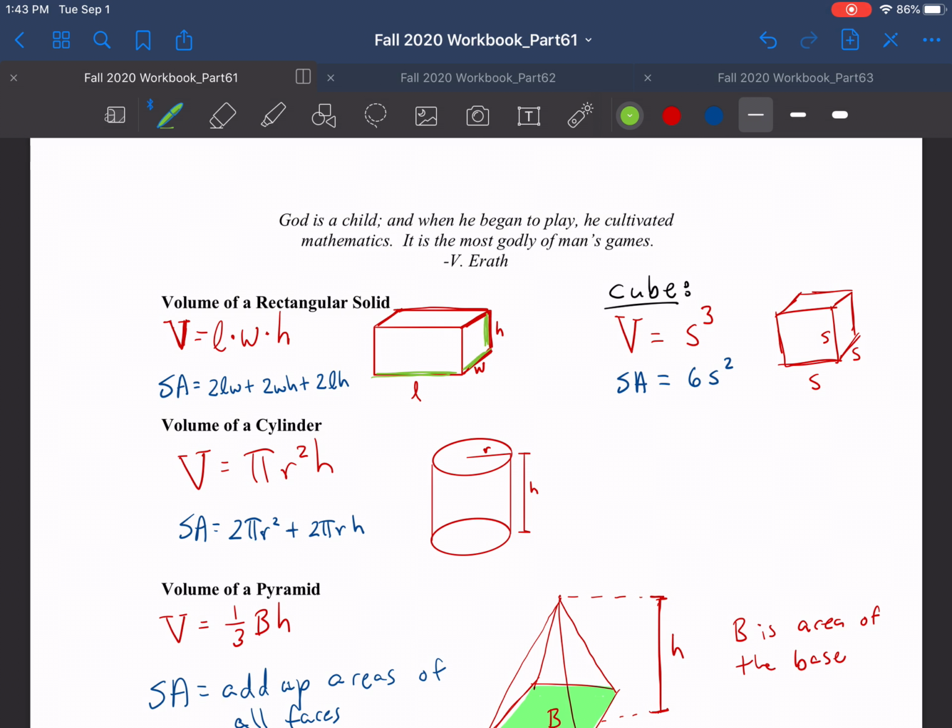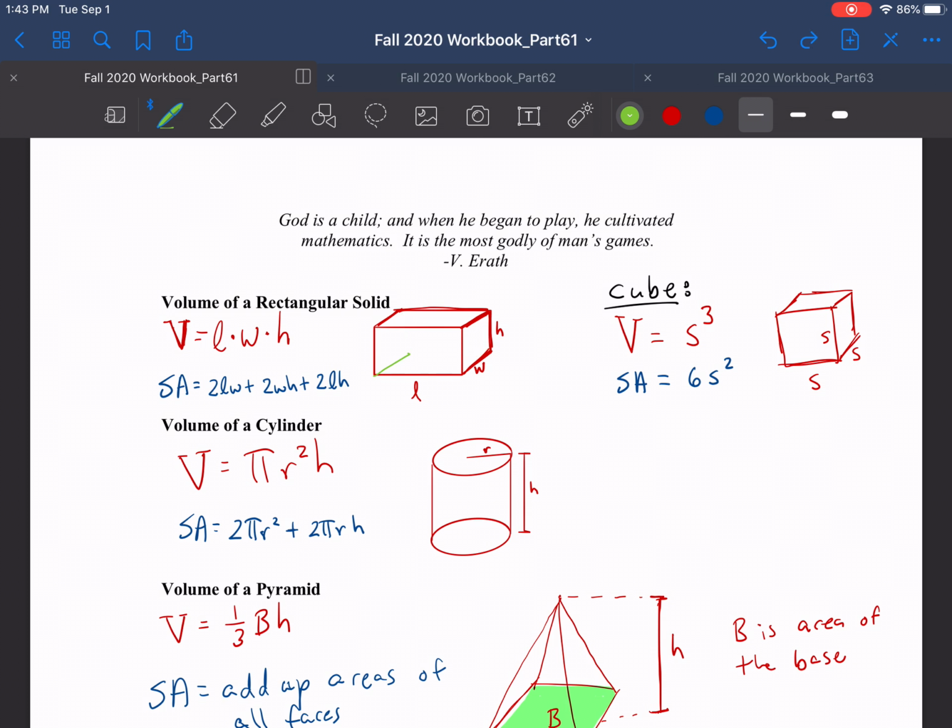So it's those three sides. To calculate the volume, you simply do length times width times height. If you do length times width, you're basically getting the area of this bottom part here, and then you multiply that up through the height to fill up the volume. And so that gives you the volume right there.